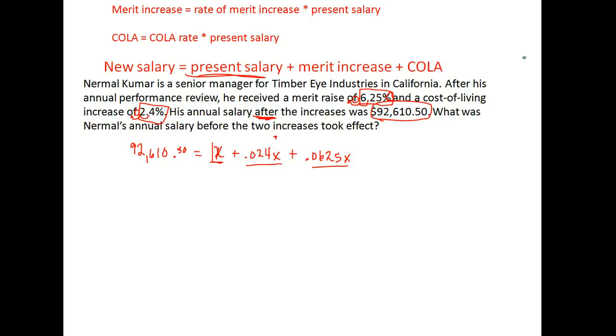Okay, so when we do that, we come down to having $92,610.50 equal to 1.0865x. We want to solve that, so we're going to divide both sides by 1.0865.